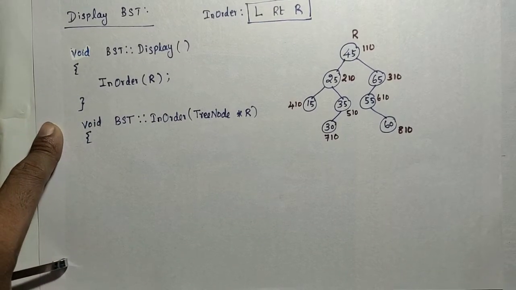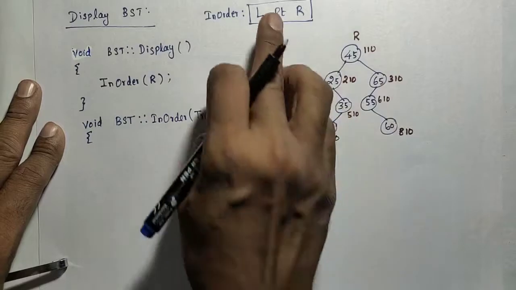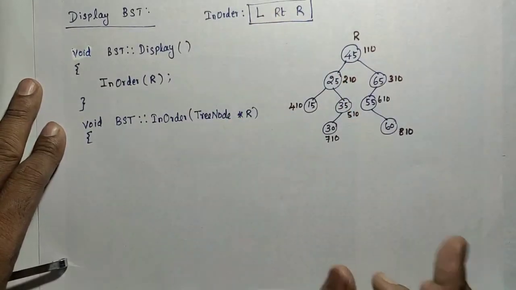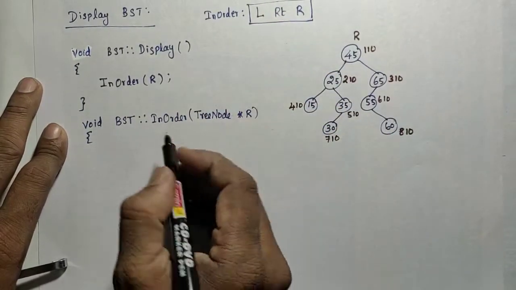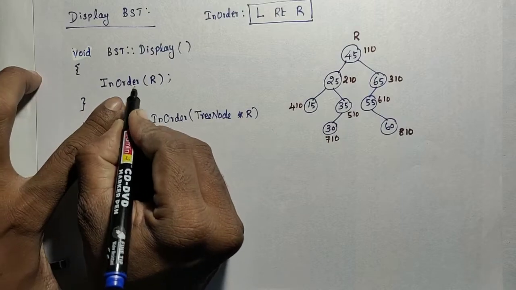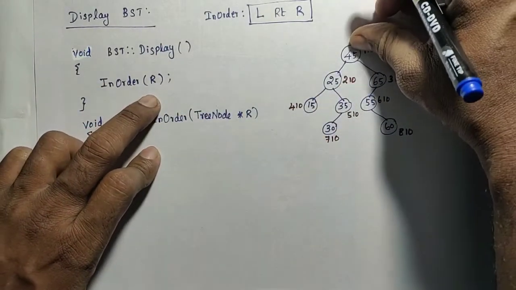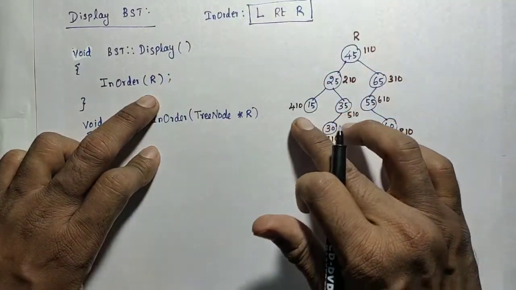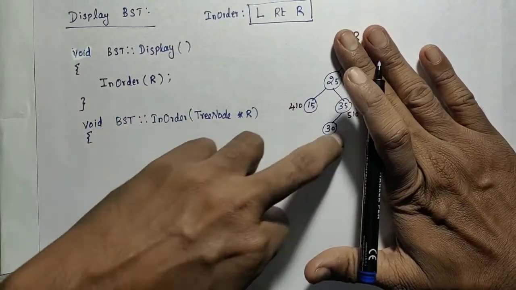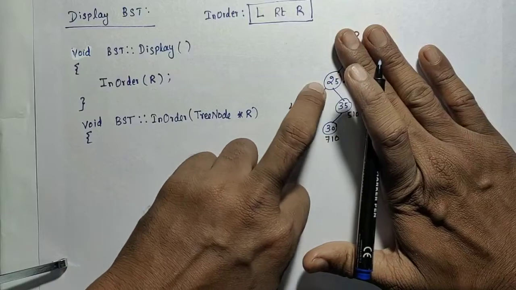Okay, so just you apply this: left, root and then right. So the left subtree has to be visited. This inOrder is going to print that root tree in order traversal. If you want to print this subtree in order traversal first, that is the left subtree.